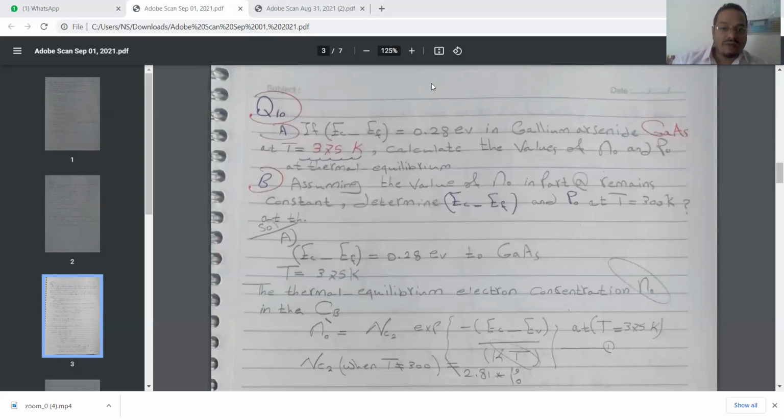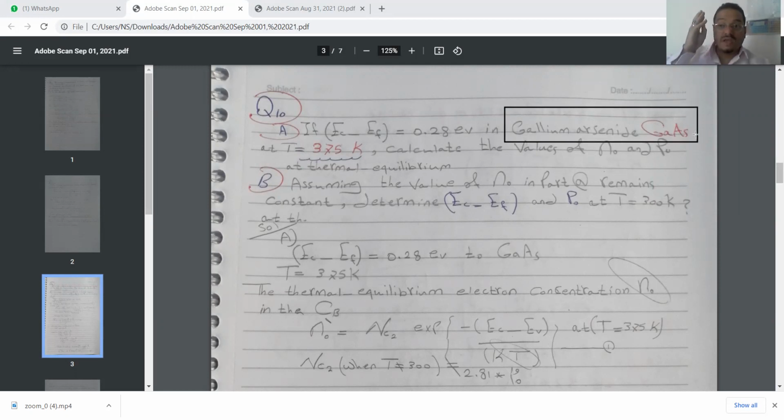That means we have another energy band gap, another effective density of the conduction band, and another effective density of the valence band.